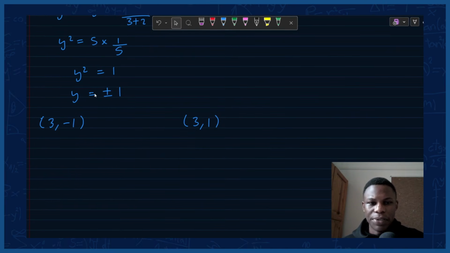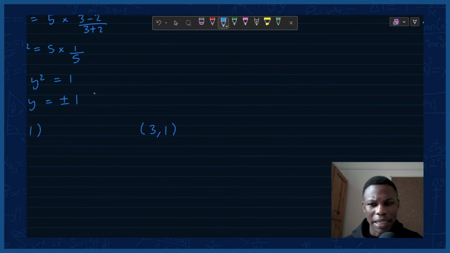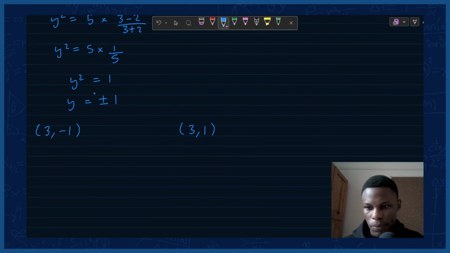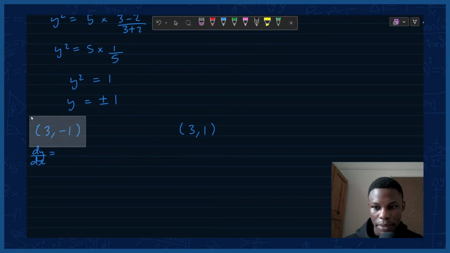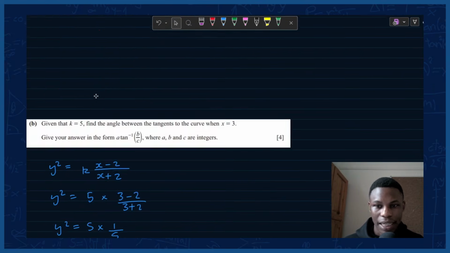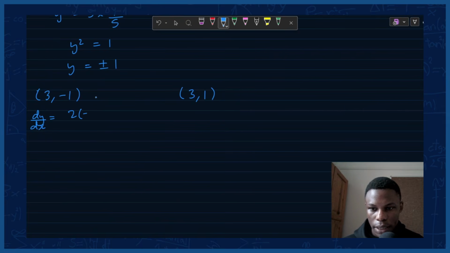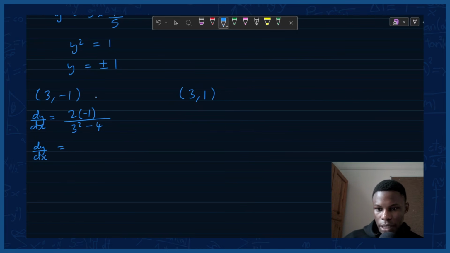Let's get the gradients first and then we'll visualize it. We need dy/dx for each of these tangents. So dy/dx when x is 3 and y is minus 1 is 2y over x squared minus 4. That's 2 times negative 1, which is minus 2, over 3 squared, which is 9, minus 4, which is 5. I'd label this m1, because dy/dx is the gradient.